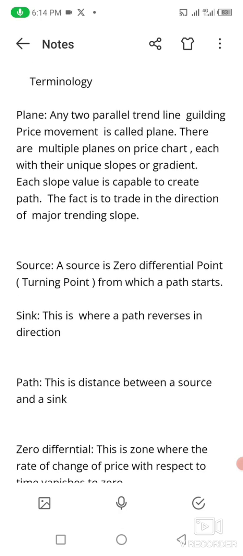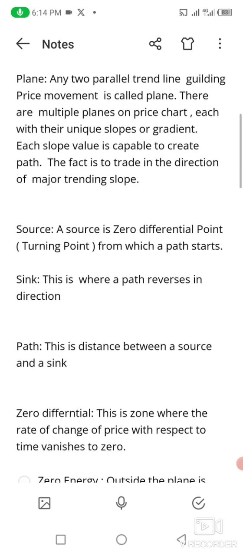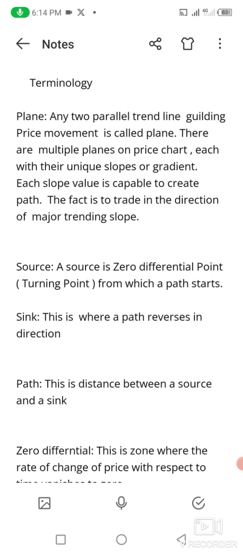So the terminology which I'll be treating includes plan. What is a plan? Any two parallel trend lines guiding price movement is called a plan. There are multiple plans on the price chart, each with their unique slopes and gradients. The slope is the same thing as gradient, so I'm sorry for that.